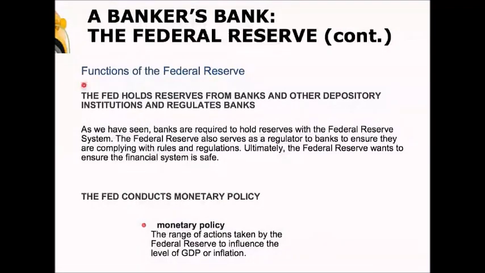And it's this function that allows the Federal Reserve to conduct monetary policy, where monetary policy is the range of actions taken by the Federal Reserve trying to influence the level of gross domestic product or inflation. So one of the roles of the Fed is to try to stabilize the economy by influencing output and inflation through monetary policy. And they do this by interacting with banks and their reserve accounts.